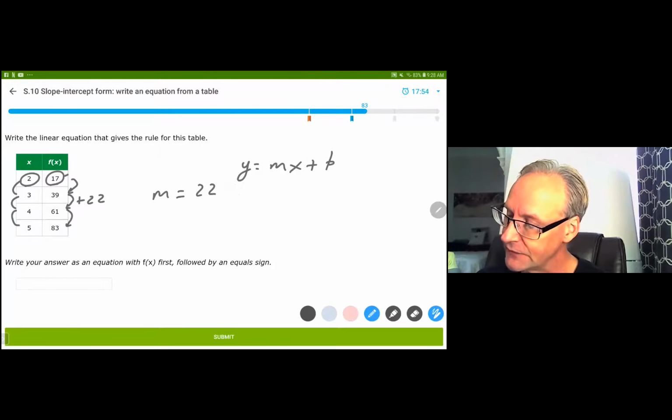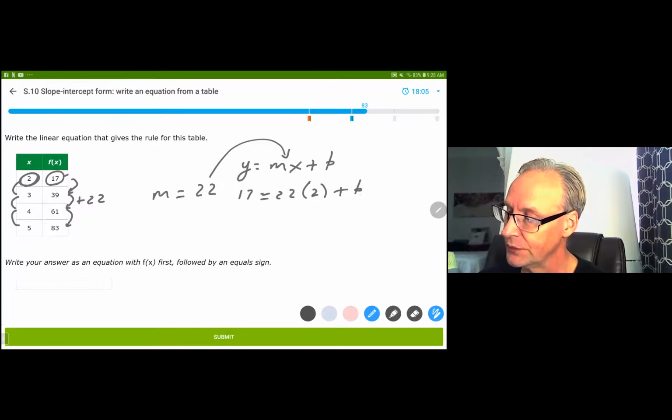The y is 17, the m is 22, the x is this 2 that goes with my 17, plus b, and in order to solve this for b, I'm going to have to subtract 44. Sorry, I'm getting a little ugly with my writing here. There we go. It's a little bit nicer. And b is now by itself on this side. There's the b.